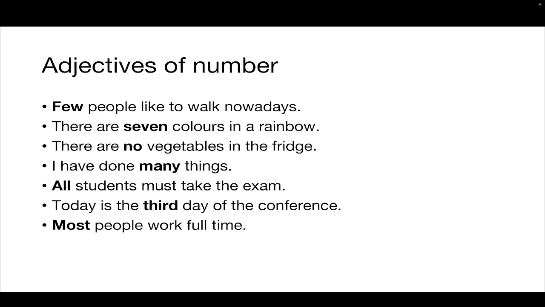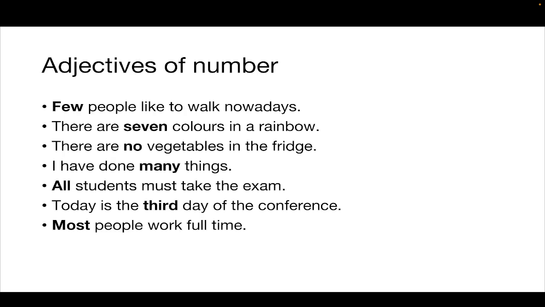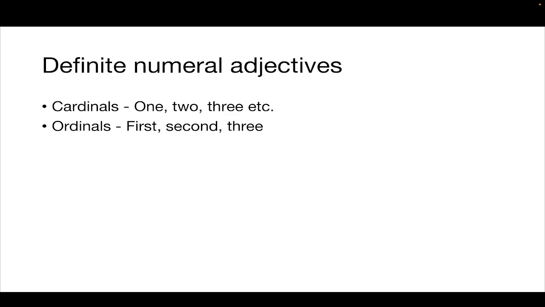Today is the third day of the conference. This is a numeral adjective, but it is called ordinal. We are going to see that shortly. Most people work full time. So you can count the number of people. That's the adjective of number. Definite numeral adjectives can be cardinals as well as ordinals. In the previous slide, you saw that you have numbers, 7, things like that. 7 is a cardinal adjective, whereas third is the ordinal adjective.